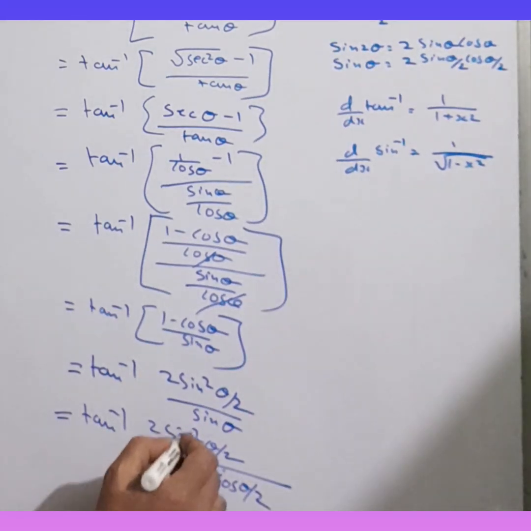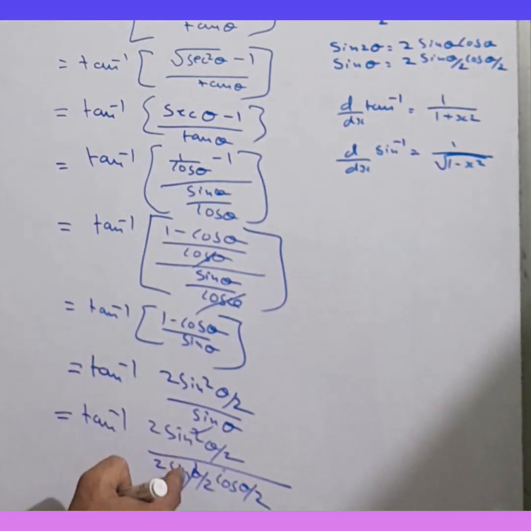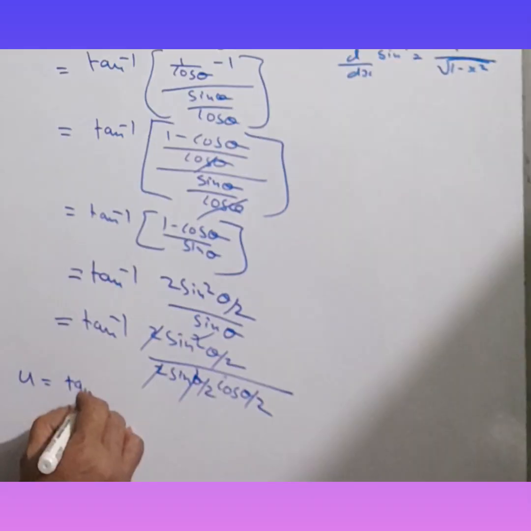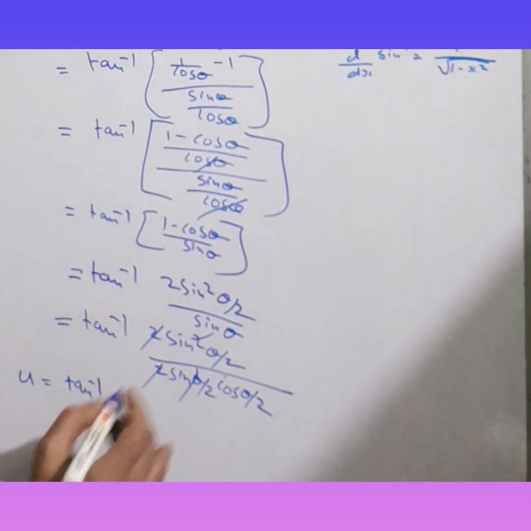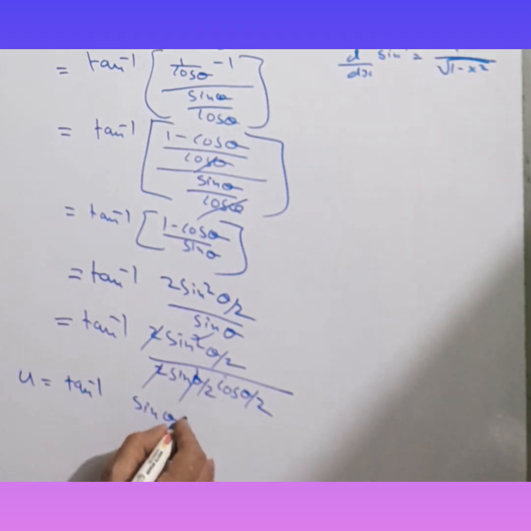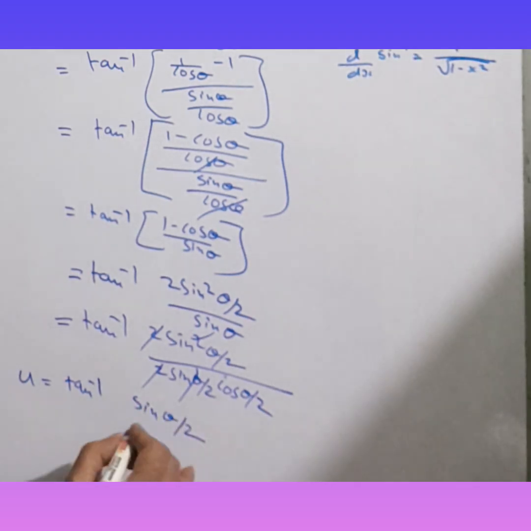Obviously one of the sine terms goes, and the 2 goes, so we end up with u is equal to tan inverse of sine theta by 2 divided by cos theta by 2.